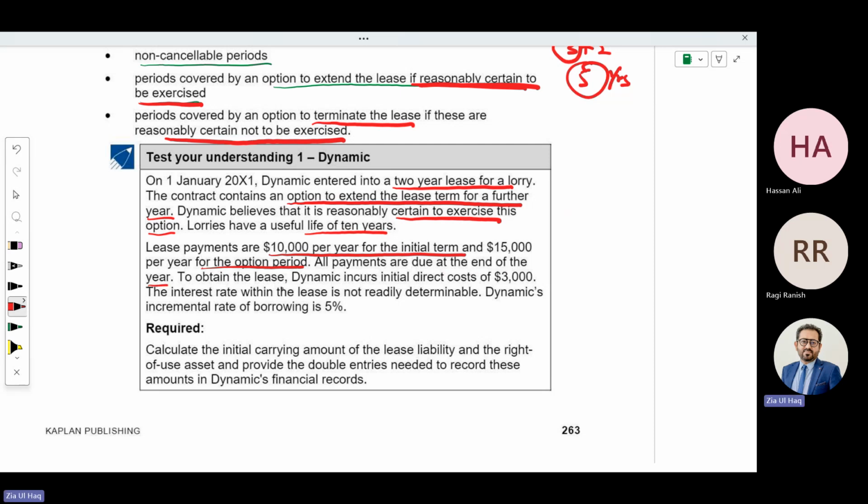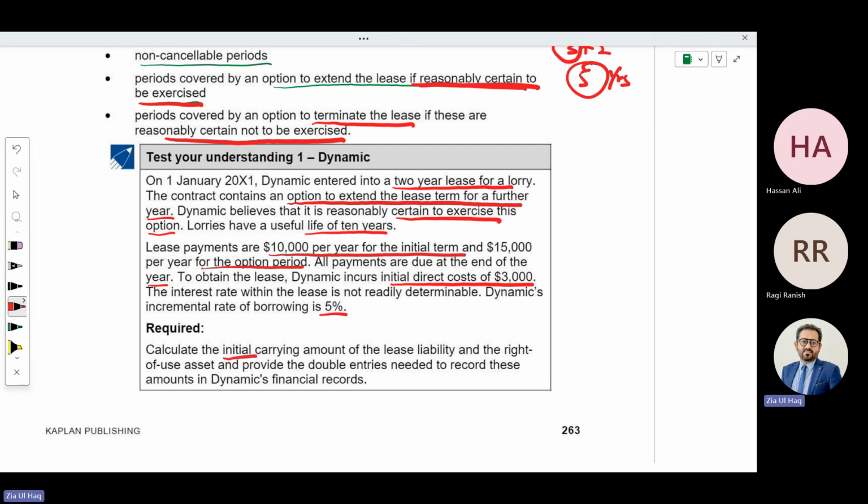To obtain the lease, Dynamic incurs initial direct costs of 3,000. That will not be part of the liability, but will be part of the asset. The interest rate within the lease is not readily determinable. Dynamic's incremental rate of borrowing is 5%, and if a discount factor is not given, we can use the borrowing rate as the discount factor.